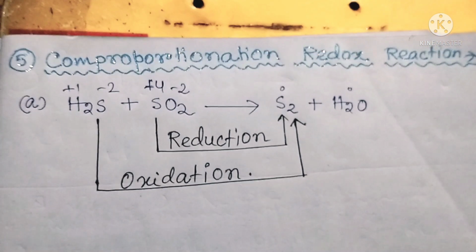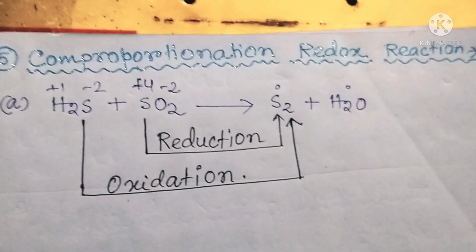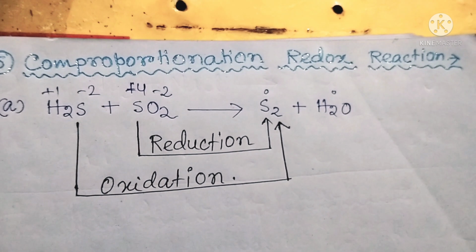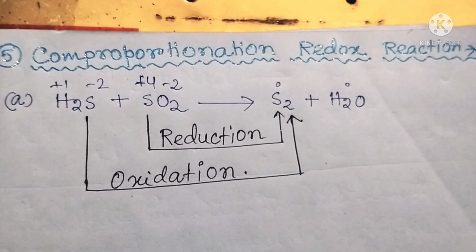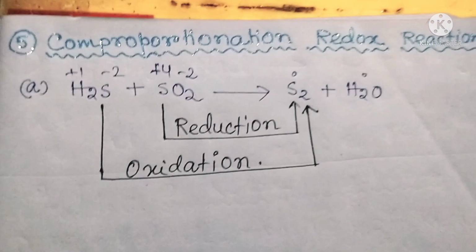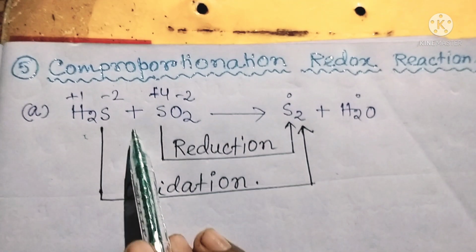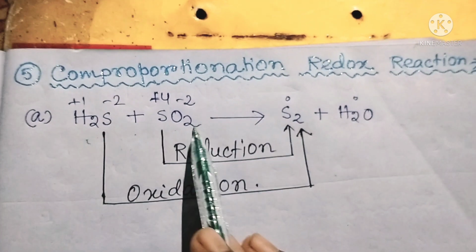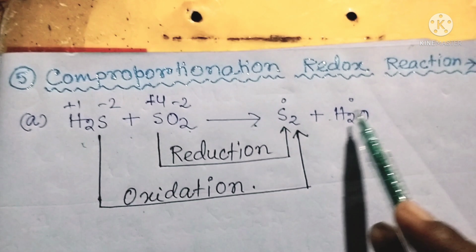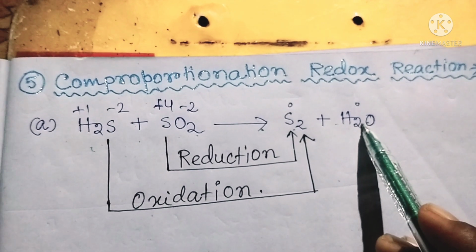Now next is comproportionation redox reaction. Comproportionation redox reaction is one type of redox reaction. Here we take an example: hydrogen sulfide plus sulfur dioxide turns into S plus H2O. These two are in elemental state.